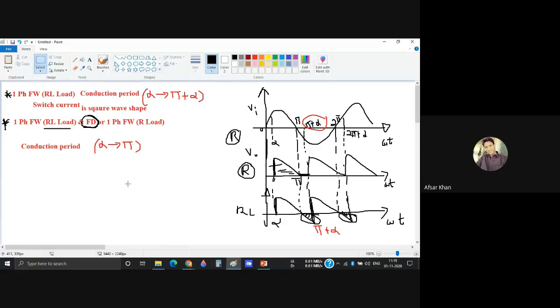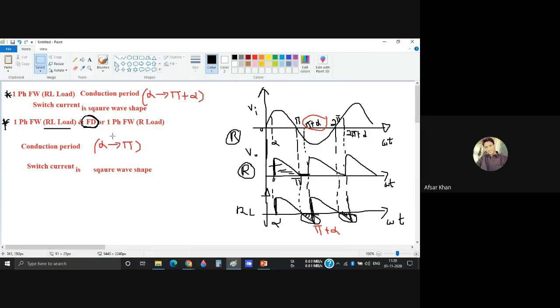Such a type of switch current is always a quasi-square wave, and for the quasi-square wave we have written the formula. The current shape is not a square wave, instead it is a quasi-square wave.